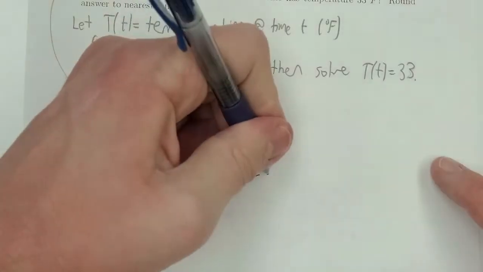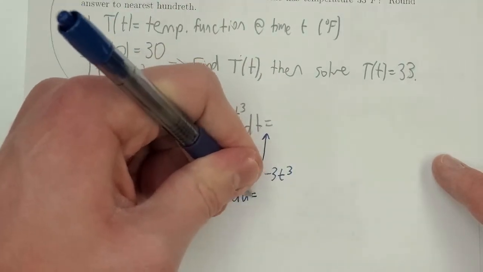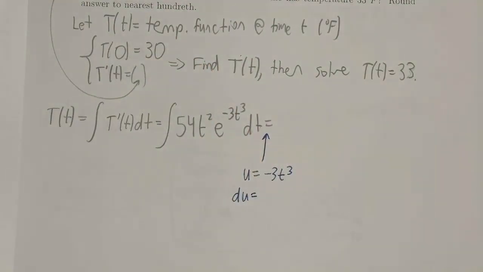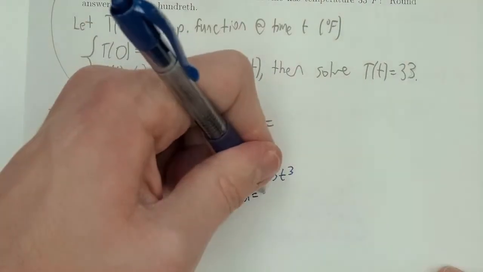Good. Okay. So then, in this case, if we do that, then du ends up being what? Yep, negative 9t squared times, in this case, dt. But yeah, that's the right idea.